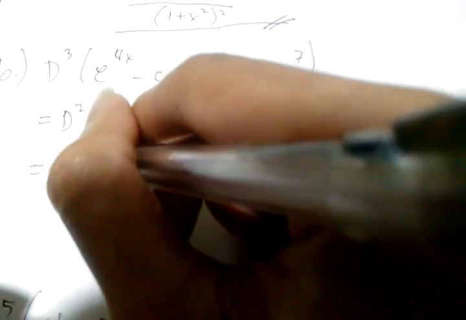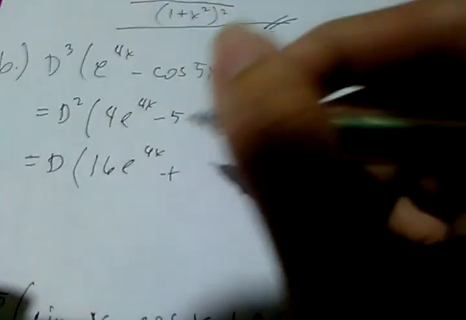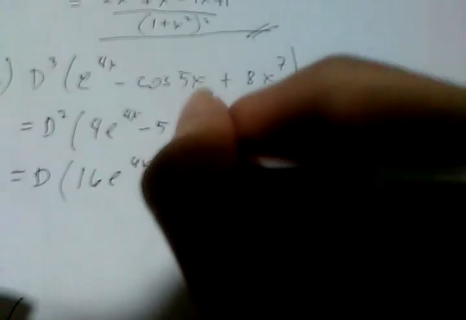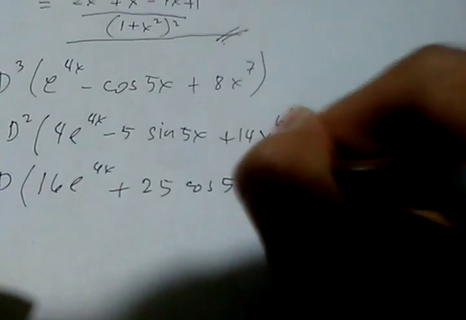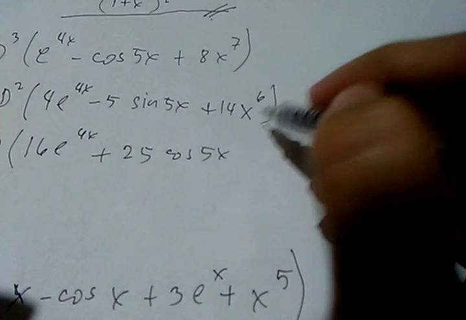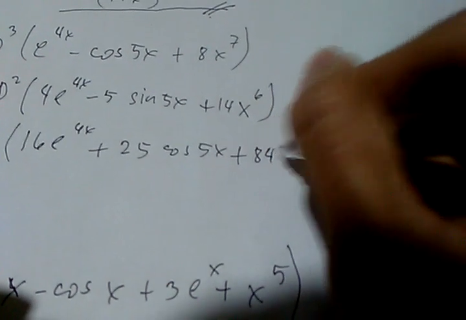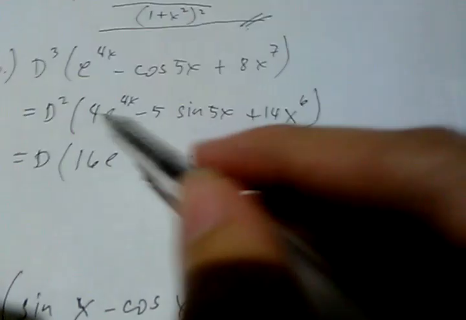Then for the second derivative, the derivative of 4e raised to 4x equals 16e raised to 4x. Then negative 5 sine 5x equals 25 cosine 5x. Then 14x raised to 6 has derivative positive 84x raised to 5. Then we have the last derivative.